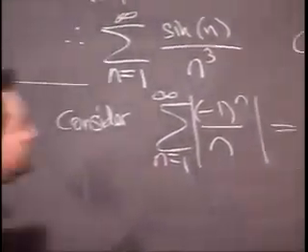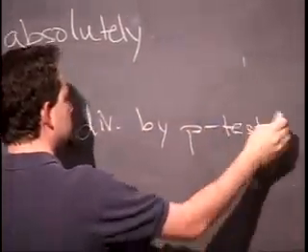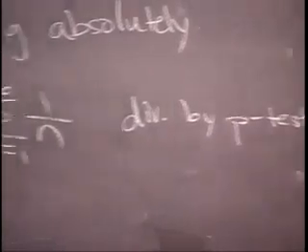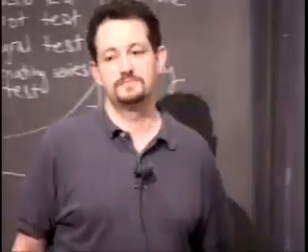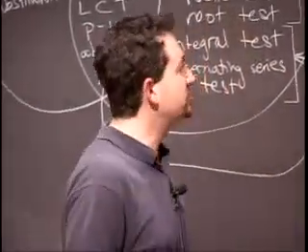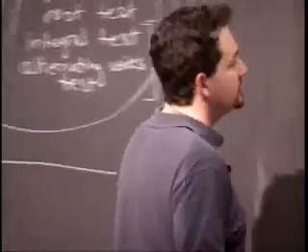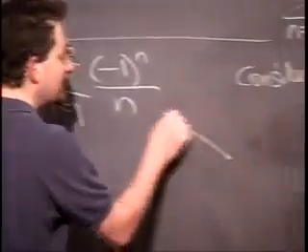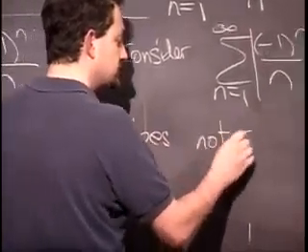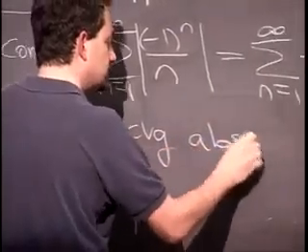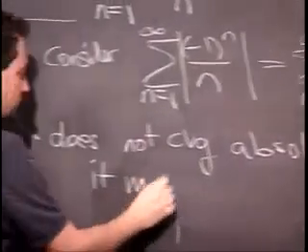It diverges by the p-test. Okay. So what can you conclude about the original series? Nothing. You cannot use the absolute convergence test to show that something diverges. All you can say is that this does not converge absolutely. But the amazing thing is, it may still converge anyway.